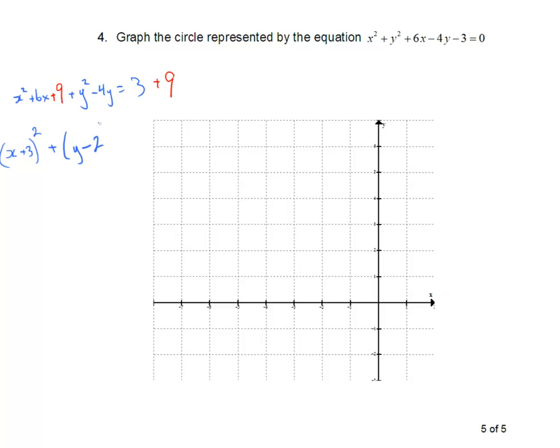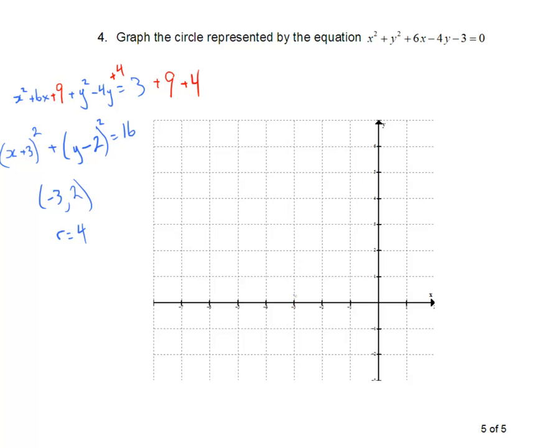Half of negative 4 is negative 2, all squared. But to do that, we need to add 4, negative 2 squared, and plus 4 over here. And if we add up the right-hand side here, we get 16. And now we know everything we need. Center, negative 3, 2, h, k, and radius is the square root of 16, or 4.